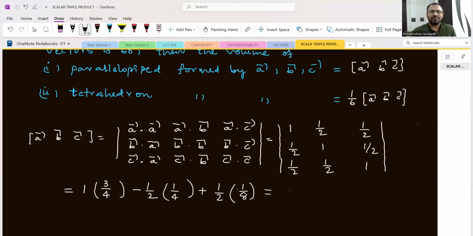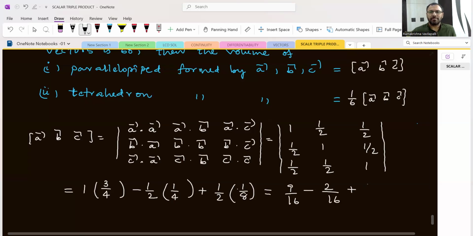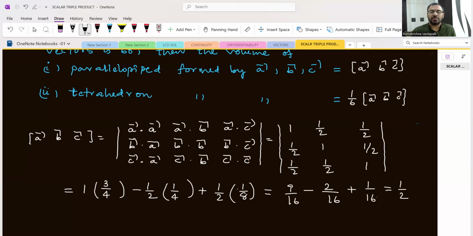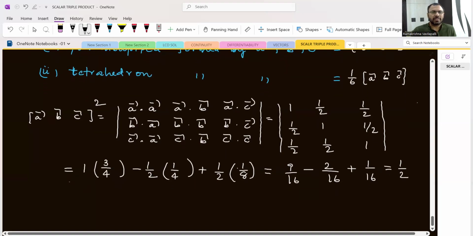So this is equal to 9 by 16 minus 2 by 16 plus 1 by 16, that's equal to 1 by 2. Remember, this is box ABC whole square. So therefore, the box ABC value is equal to 1 by root 2.